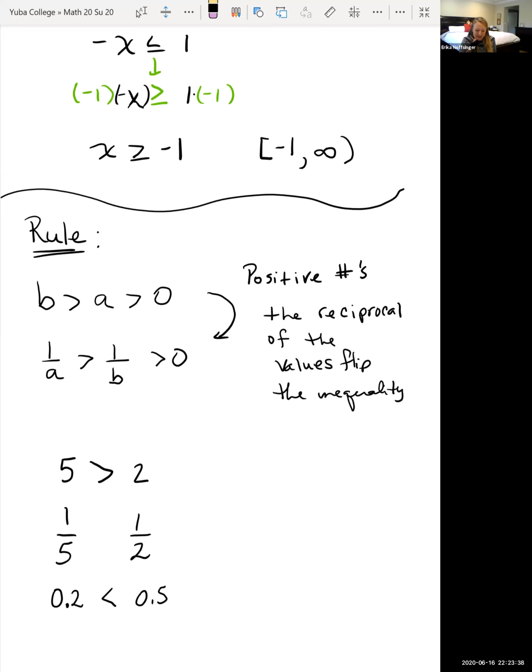And it just happens that it kind of is confusing because the 2 here and the 0.2, that's a coincidence. Okay, so taking the reciprocal flips the inequality sign if they're positive.